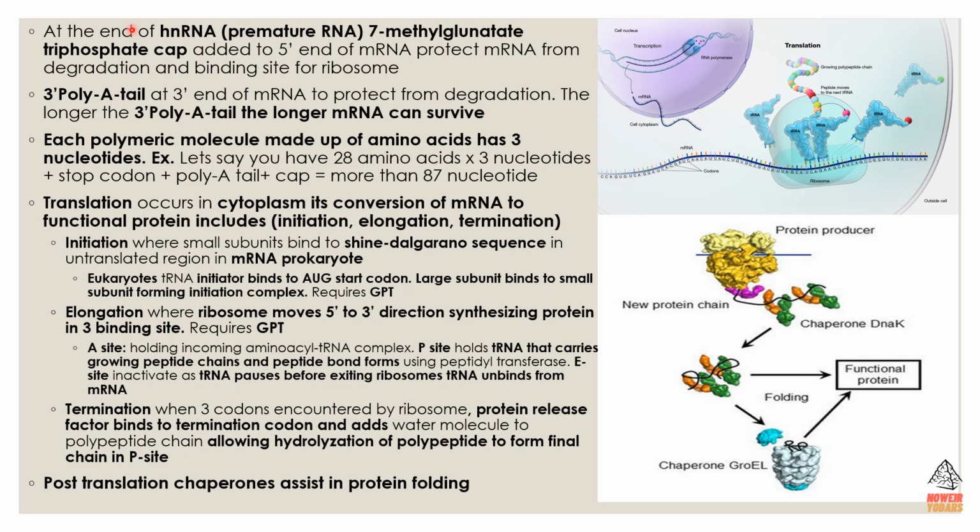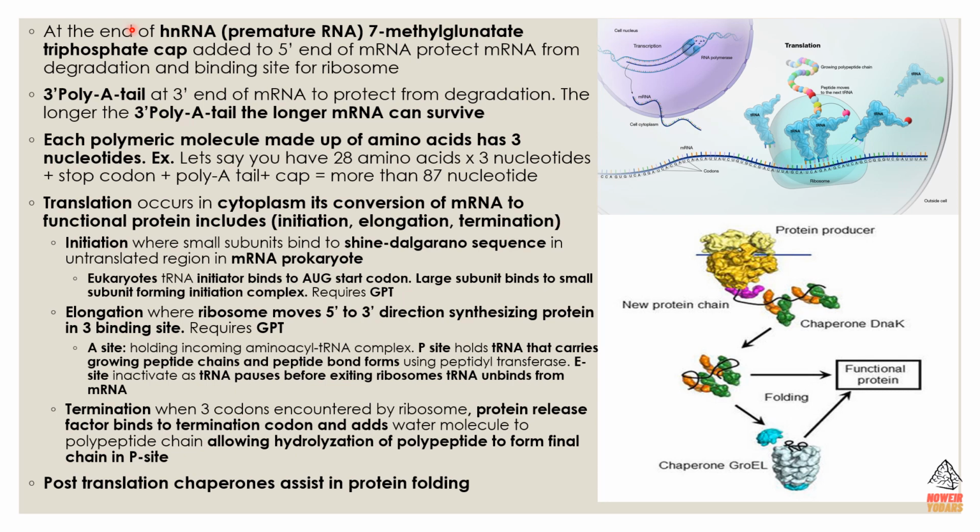So the first step after the hnRNA, the premature RNA, is that the 7-MGT cap is added to the 5' end. Next, at the 3' end, we add something called a poly-A tail to protect the mRNA from degradation.